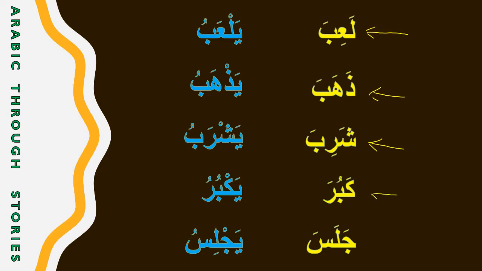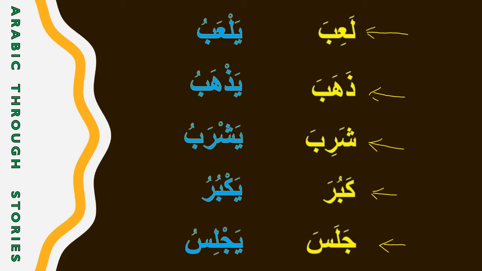What is the fa of كبر? كاف. What is the fa of جلس? جيم. طيب. انظر على هذه الحروف. Notice what is there on the fa of these. There's fatha, fatha, fatha, fatha, and fatha. Right? So no problem. All Madi have a pattern, fatha on the fa. So no problem, we don't need to worry about it.